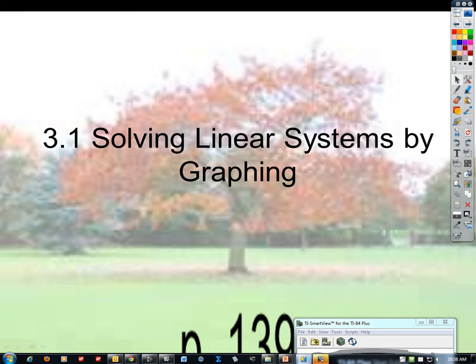The algebra is time consuming and difficult, and there are much easier ways to do it. There is a series of classes in college you can take that deal with how you solve big systems like that.